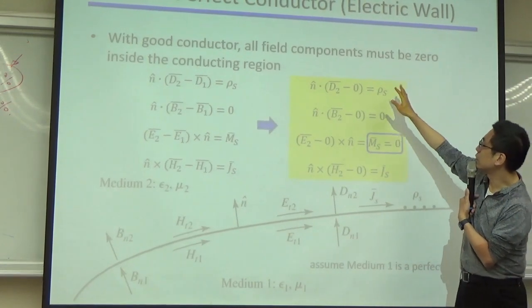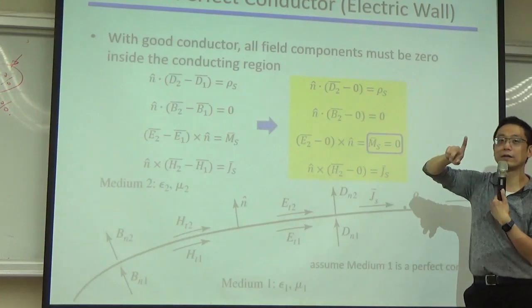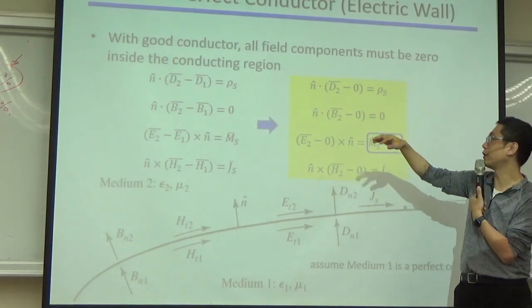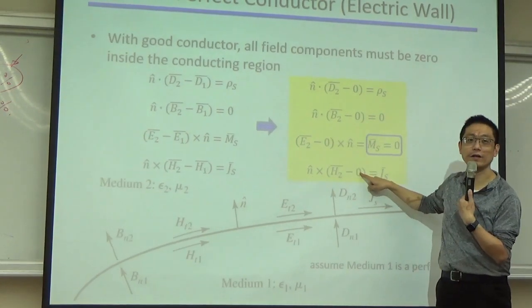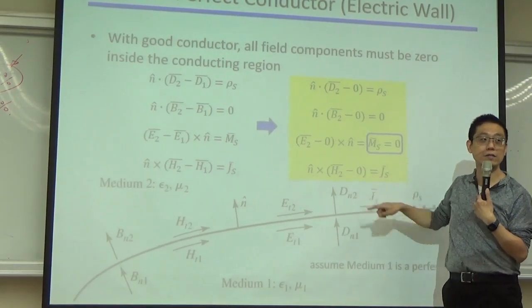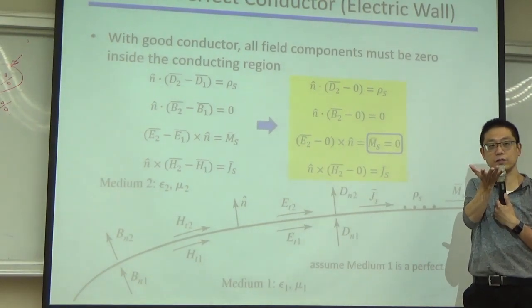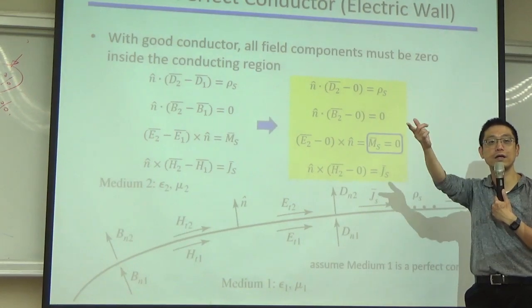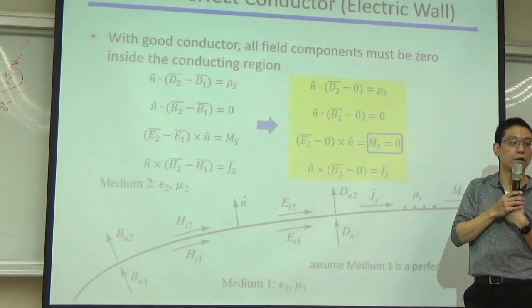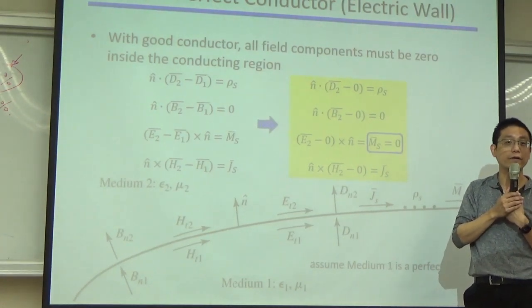If this is a perfect conductor for medium 1, a better way to do it is to make it 0. You know if the material is a perfect conductor, there's no field inside, right? You don't get a signal inside an elevator.